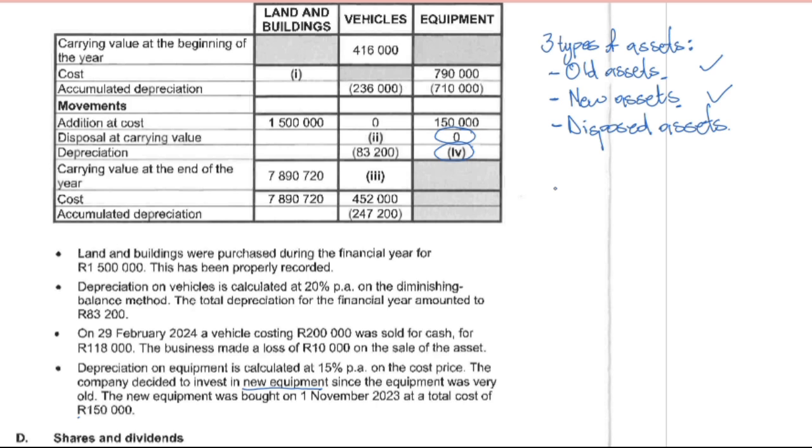We are told that depreciation on equipment is calculated at 15% per annum, so that's our depreciation rate on the cost price. So let's write out the equation for depreciation on old assets.